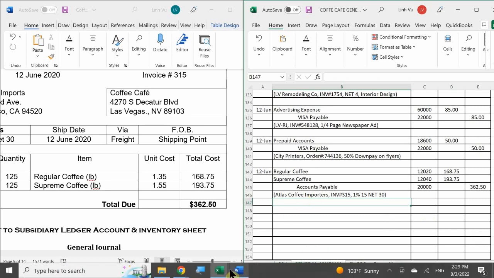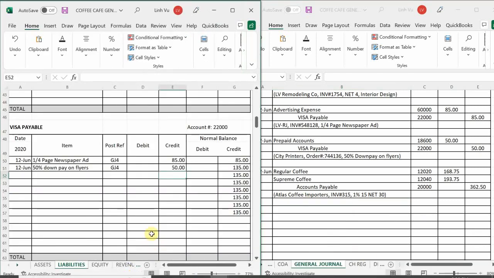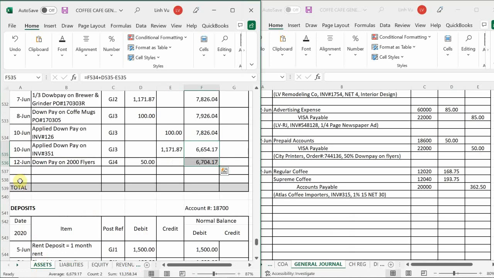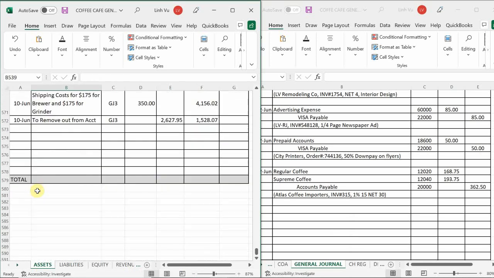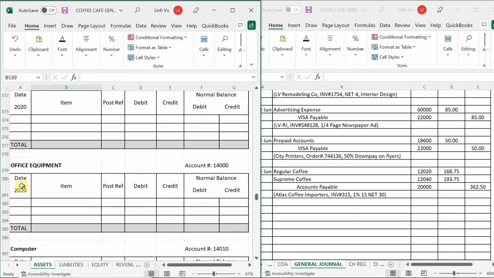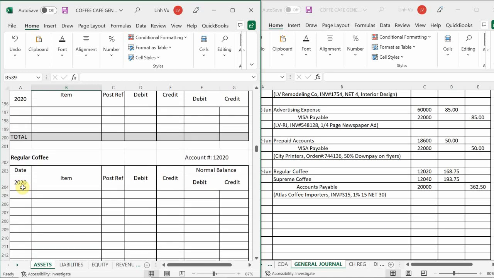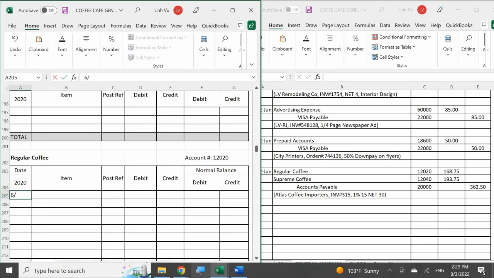So we're finally going to be having inventory. So, assets. This is going to go under our inventory for regular coffee. Okay.